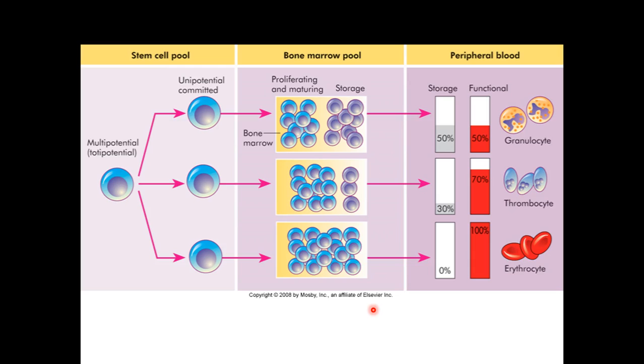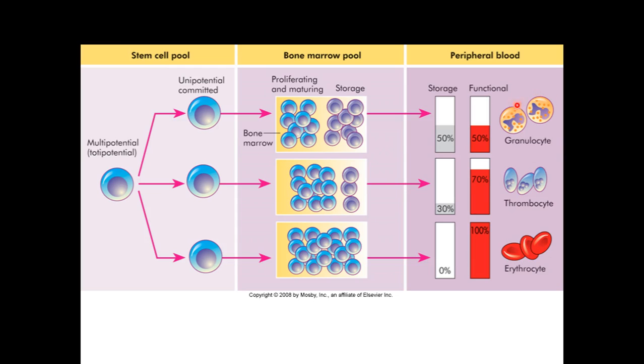In looking at the cells that are produced in the bone marrow, we've got the stem cells that are found in the bone marrow. So here it is, multipotential or totipotential, pluripotent, all the same thing. So this stem cell could either become a common myeloid stem cell or a common lymphoid stem cell, and then give rise to those respective blood cells.